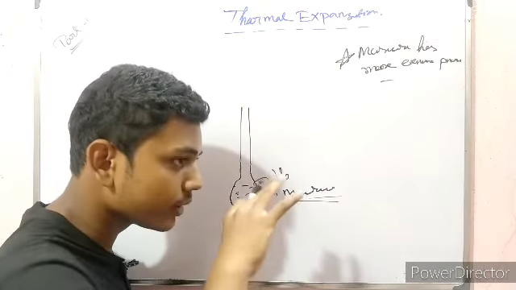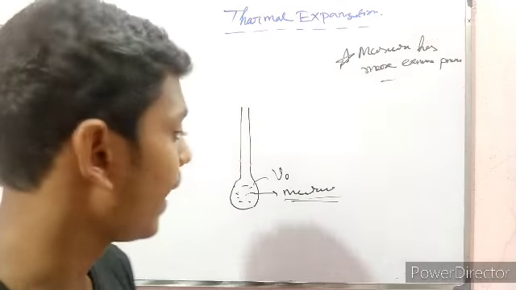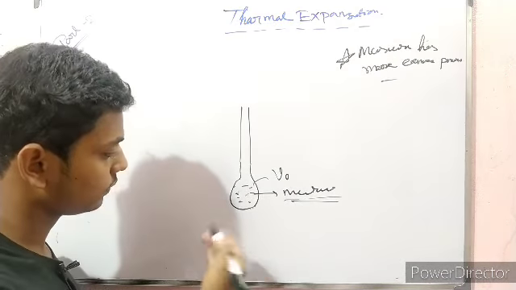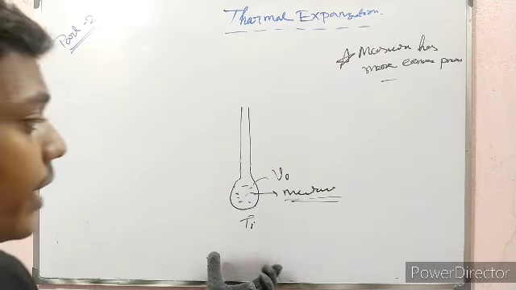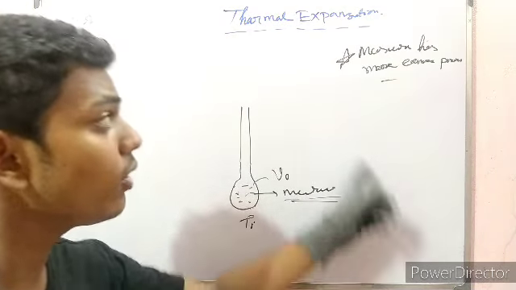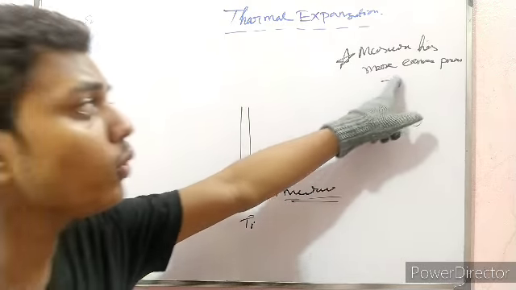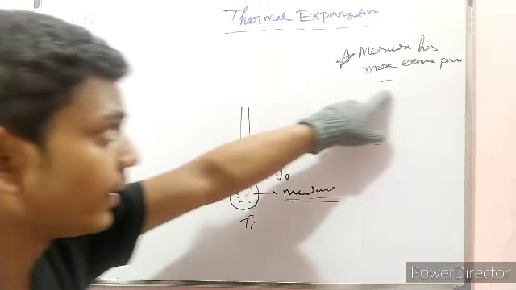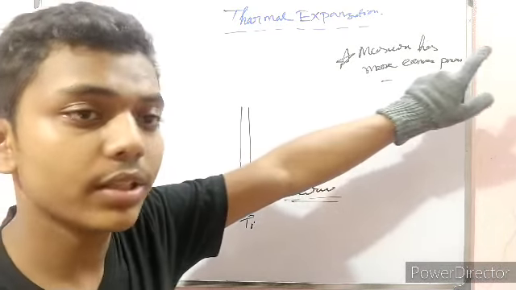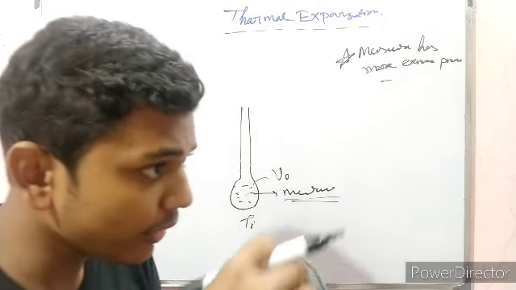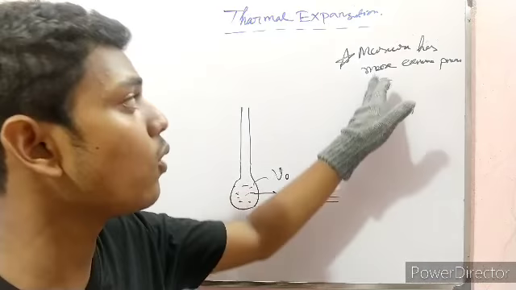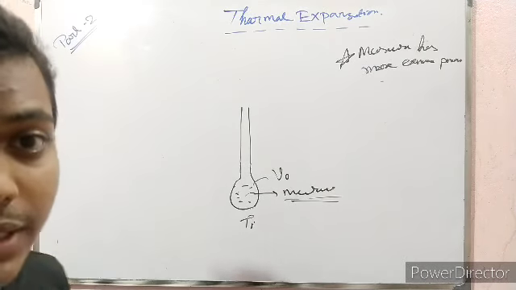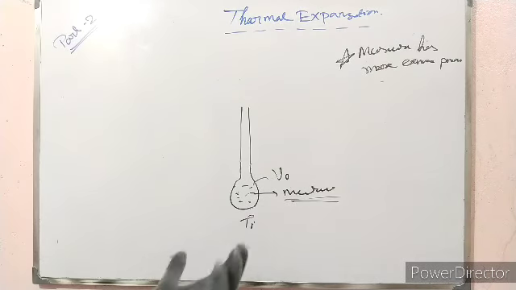This will be filled with mercury at the temperature of T initial. When the temperature rises, because mercury has more expansion, the mercury is used in thermometers.